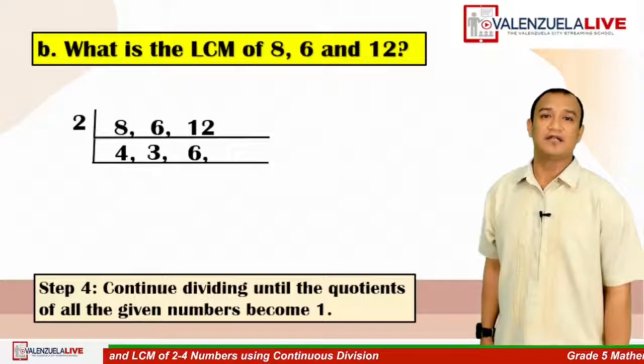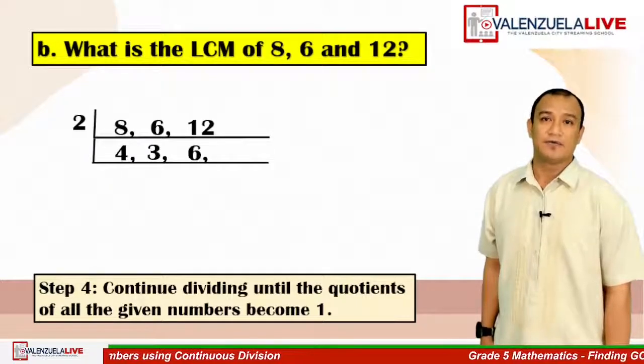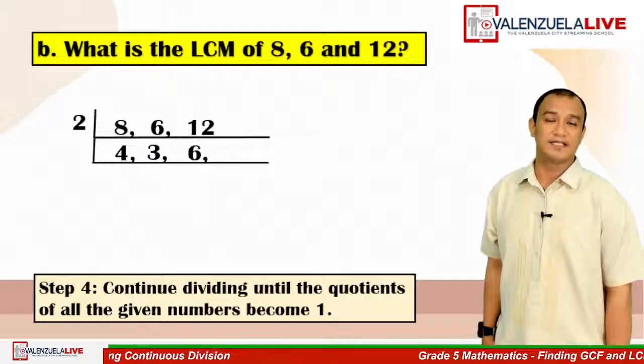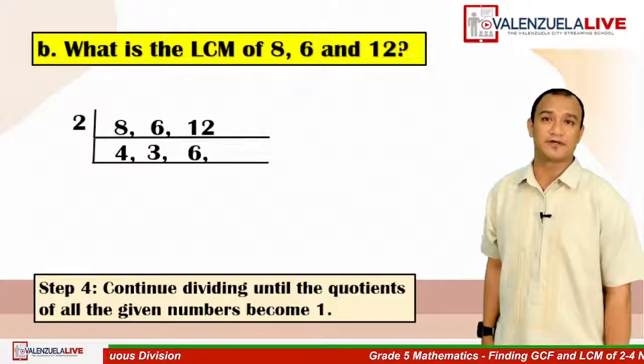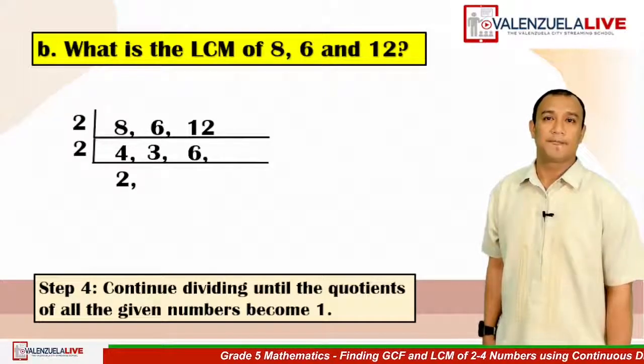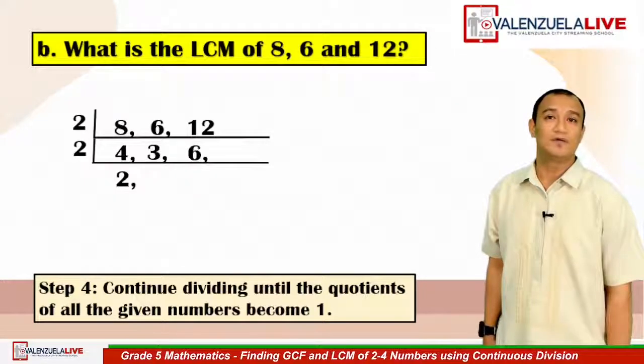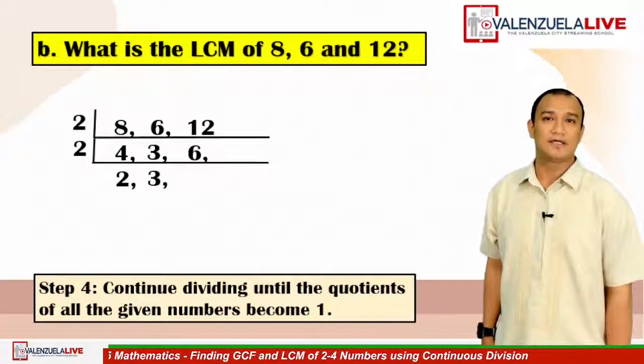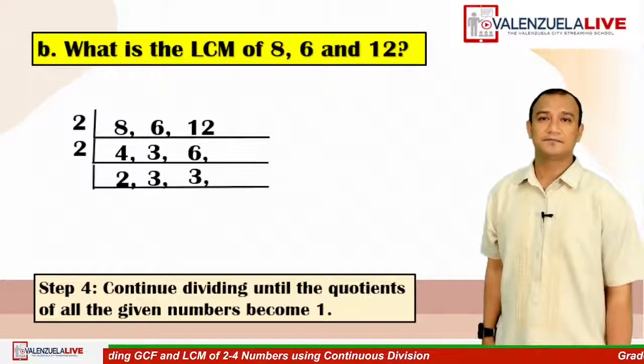Continue dividing until the quotient of all the given numbers becomes 1. For this given, let's have another prime divisor, which is 2. So let's divide. 4 divided by 2 is 2. And since 3 is not divisible by 2, just bring down 3. 6 divided by 2 is 3.